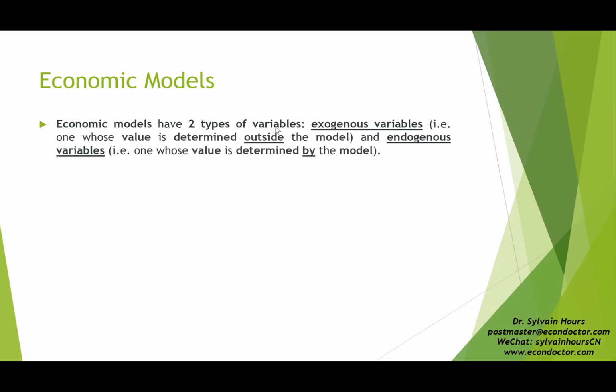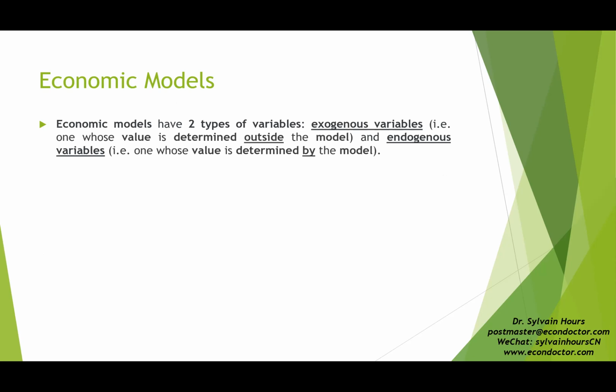You should talk about these types of variables to your students because it's going to help them understand the concept of ceteris paribus. In a model, you have two types of variables. The first are exogenous variables, whose value is determined outside of the model. They are not explained by the model. Sometimes we call them parameters.